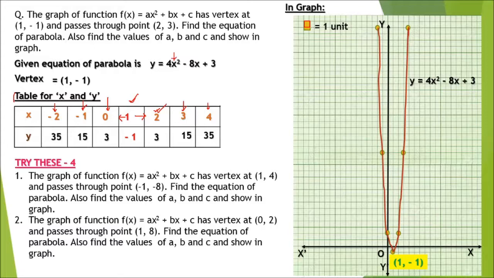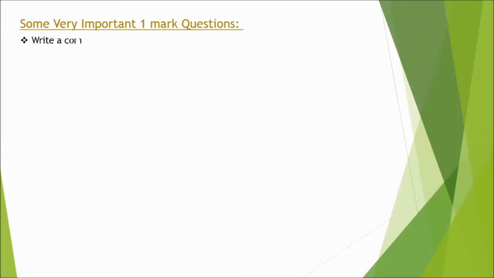So let's move to another slide, slide number 20. Some very important 1 mark questions. We are going to discuss very important 1 mark questions. Write a complete quadratic equation having the constants p, q and r.